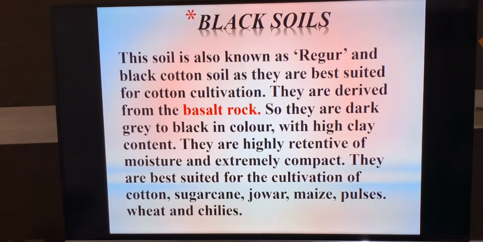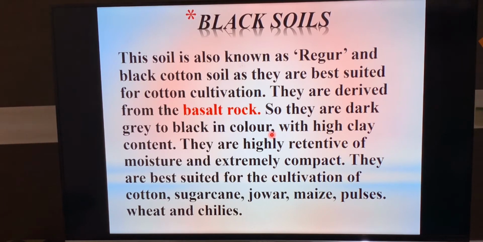The main reason is it is used for cotton cultivation, because this soil is very much suitable for cultivation of cotton. So that's the reason we call it black cotton soil. It is formed from basalt rock, and it is dark grey to black in color.